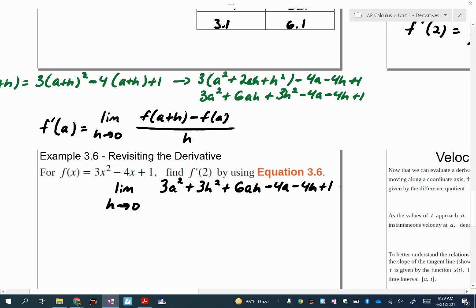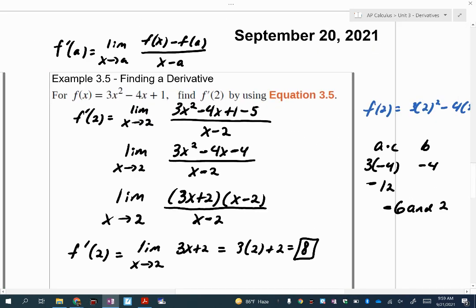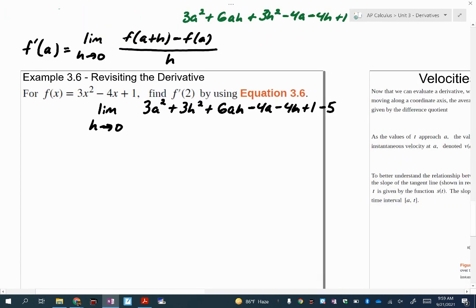And then I have to subtract when I plug in 2 here, which we did before. When we plugged in 2, we got 5. That was in that blue, so minus 5. All over h.